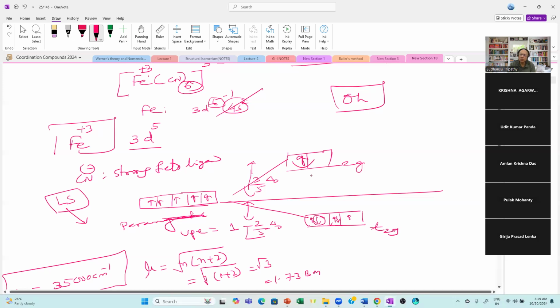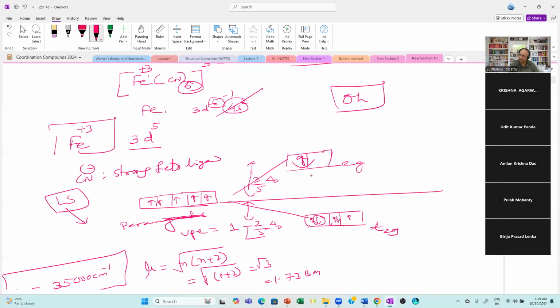Thus, it has to violate the spin selection rule, and as such d-d transition is only partially allowed. Moreover, it is spin forbidden. It needs a partial breakdown of both the spin selection rule and the Laporte selection rule. Therefore, the intensity will be very, very small.